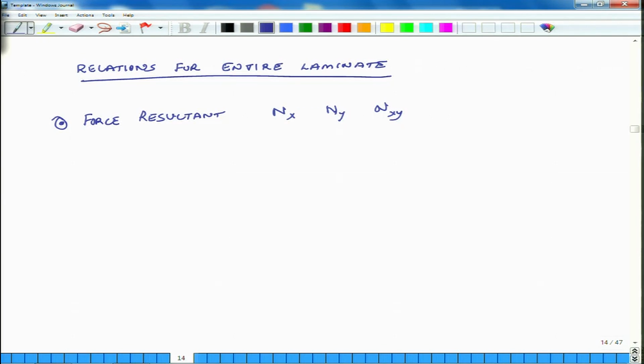It is force per unit length on the edge of a plate, at the midplane. This is important. Whenever we depict the force resultant, we only draw the midplane and depict it on this.